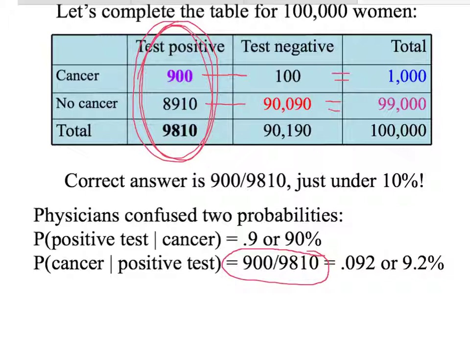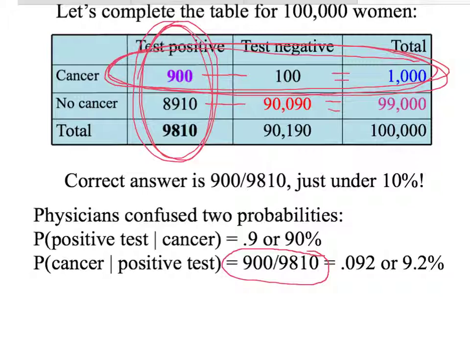And what most of the physicians mixed up was they answered the other question. They answered the question, what's the probability they have a positive test out of everybody that has cancer? These are two different questions. In a really sort of funny way, the writers of the pre-calculus book that you guys are using actually got the same question wrong. I can't remember which problem, but I'll mention it in class.